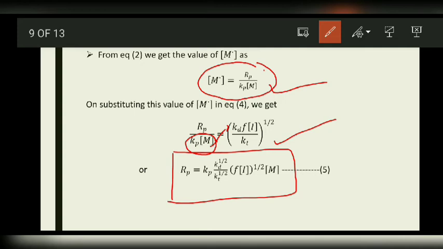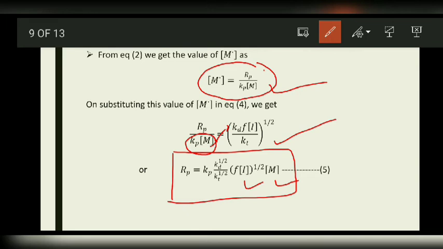This M dot, that is the concentration of growing chain, is not easy to determine, but we know the concentrations of M and I easily, isn't it? That is why unknown or difficult terms are expressed in terms that can be measured easily, so that we can understand the rate equation easily. That is why we do all these manipulations.